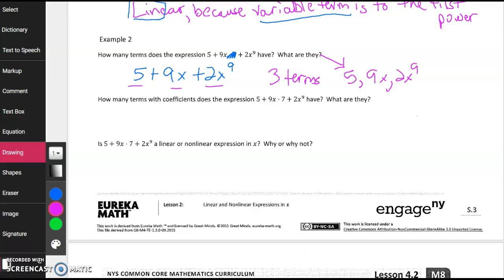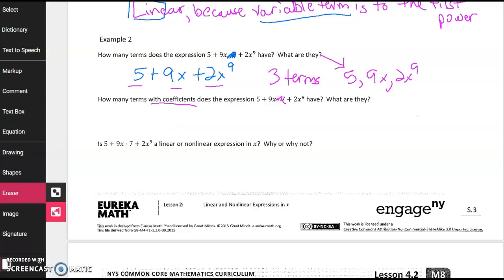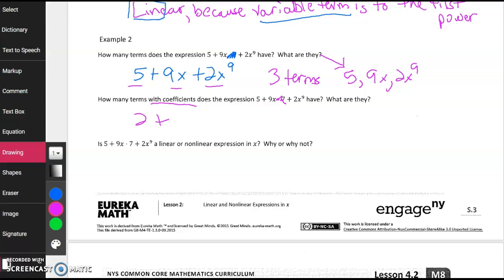Now, same thing here. Still looking at this problem, how many terms with coefficients does this expression have? If you look, there are 2 terms that have coefficients: 9x and 2x to the 9th.